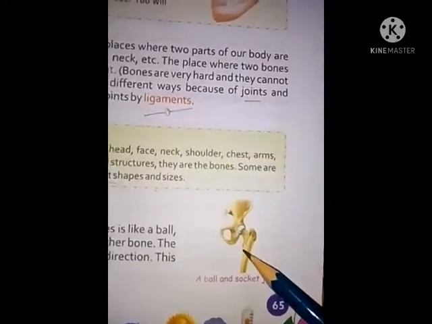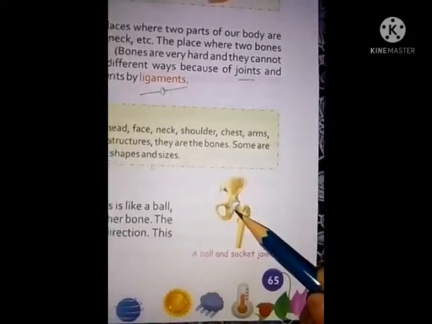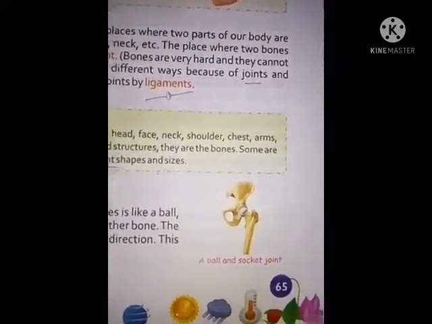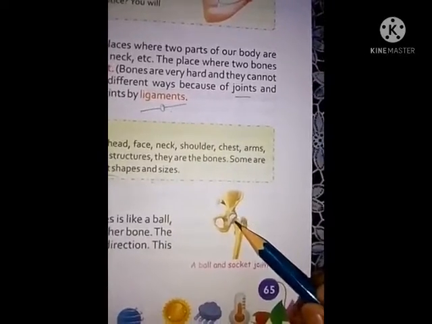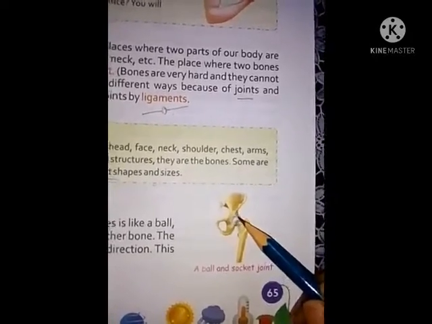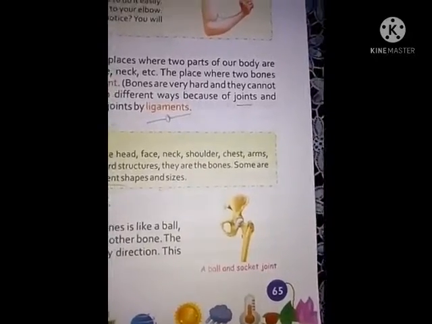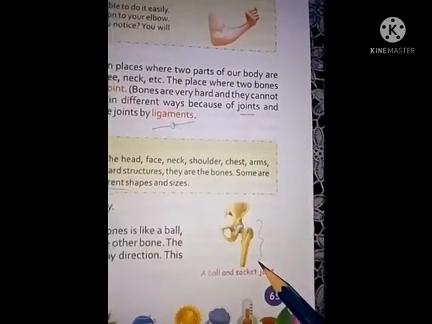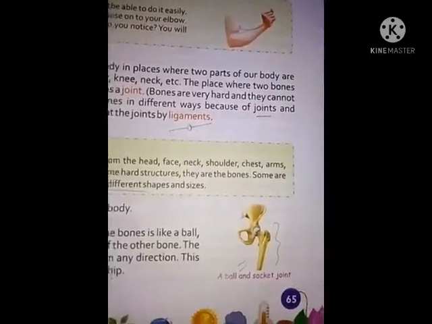See, here one bone is like a ball and the other bone has a hollow space, where the ball can move inside the socket freely in any direction. This is the ball-like part of this bone. This type of joint is found in the shoulder and hip. Understand? This is the ball and socket joint.